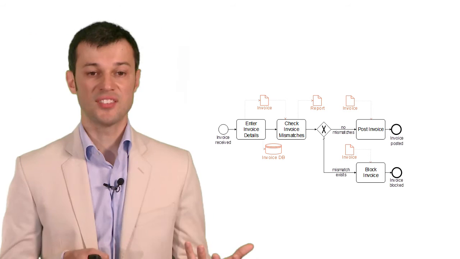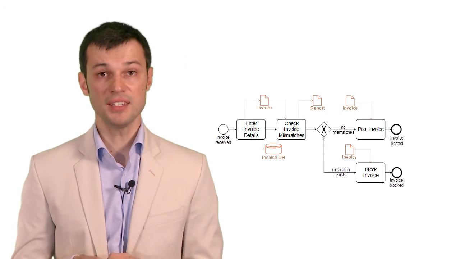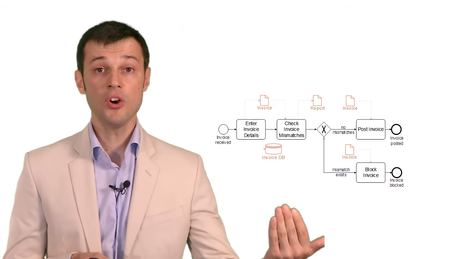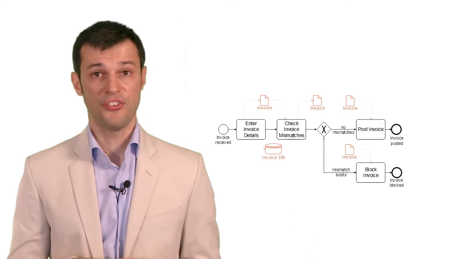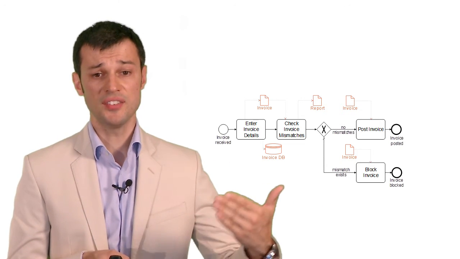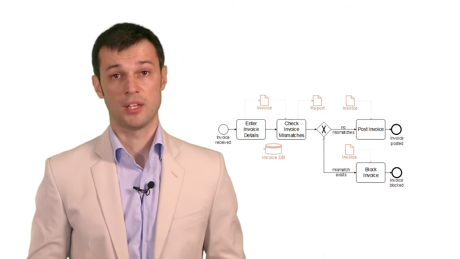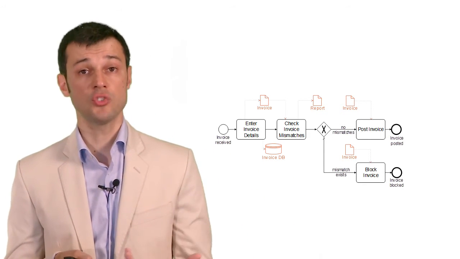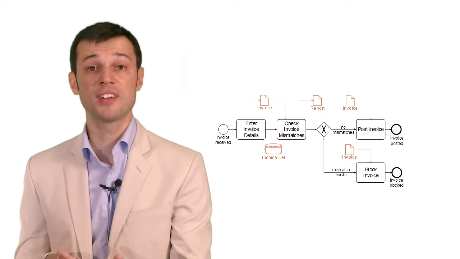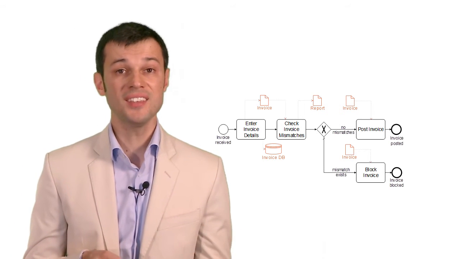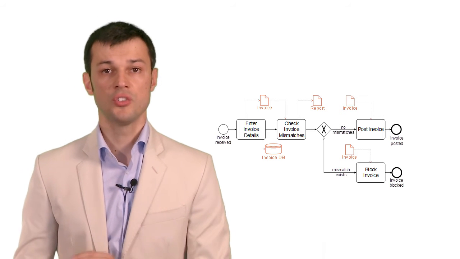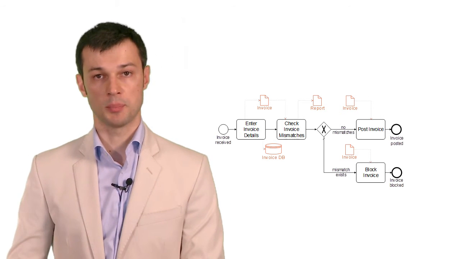For example, as a result of entering the invoice details, this activity will produce an invoice, like an electronic file, which is then used as input to the subsequent activity, check invoice for mismatches. We may even use data stores, like a database, to retrieve customer information, or, like in this case, to store the invoice. So this is the data or object perspective.